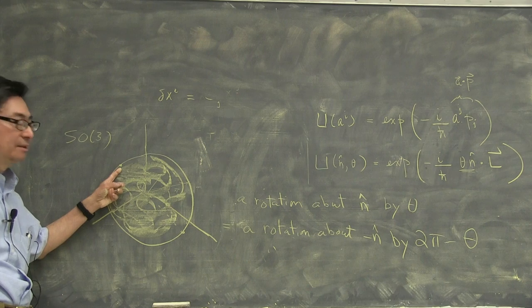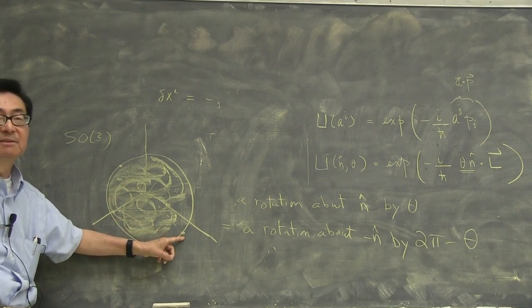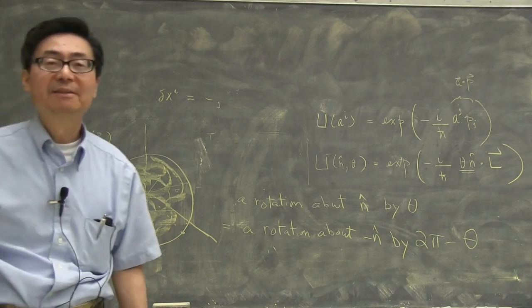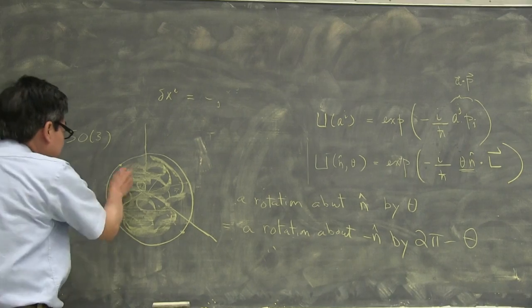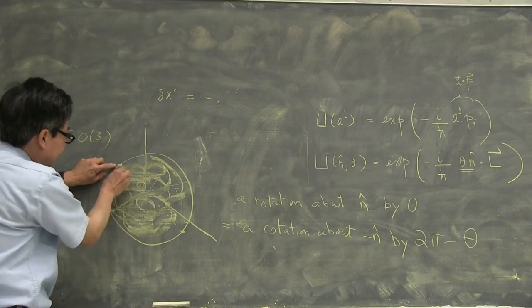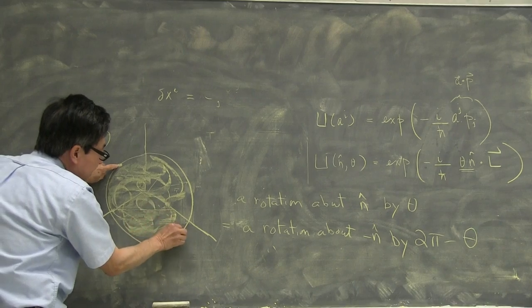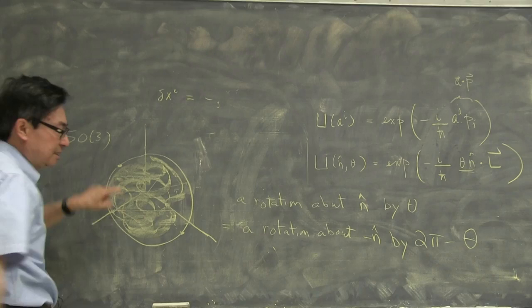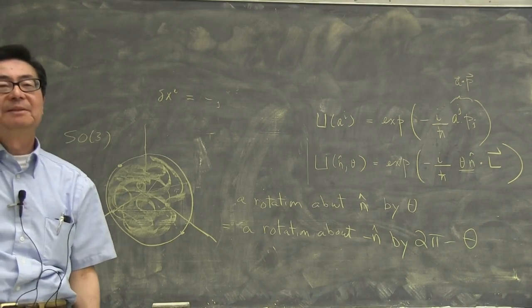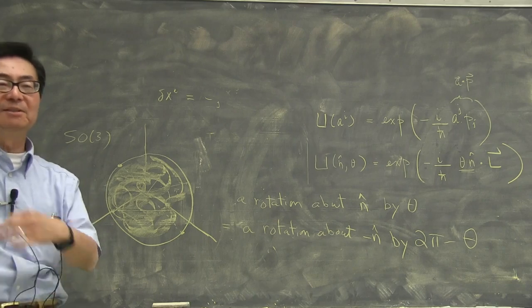I'm here in LA. I'm not sure where the antipodal point is. Someplace in China. Those are two different points. Okay? But here, a rotation by pi, which is this point, is exactly the same rotation about minus n by pi. So this point is taken to be the same point as that point. It's as if you live in a world where LA is the same place as some place in China.